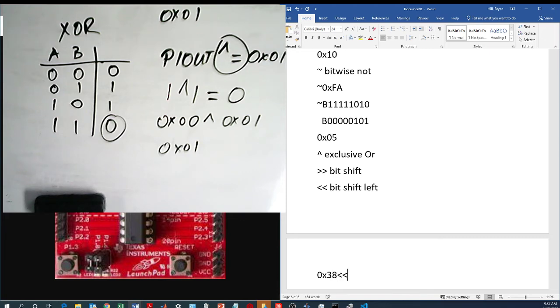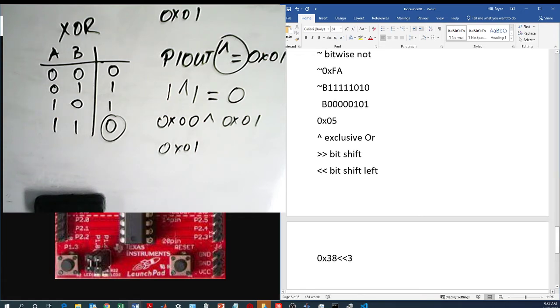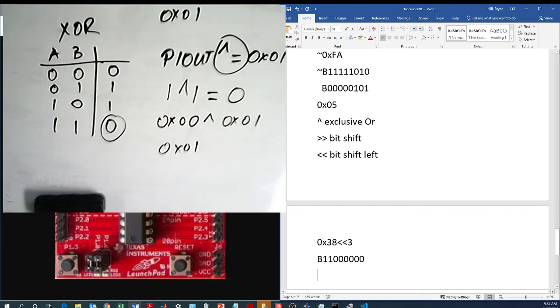and I bit shifted this left by 3, we have to look at this in binary. So 38 is going to be 0011 1000. If it's shifting to the left, I'm going to add on 3 more zeros and cut off the most significant ones. So this turns out to be 1100.